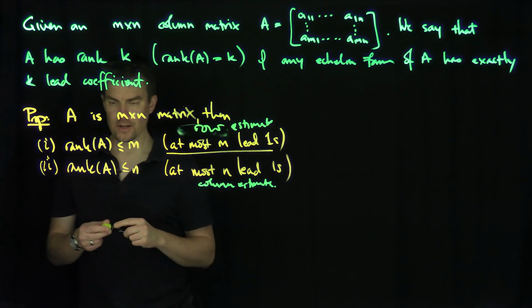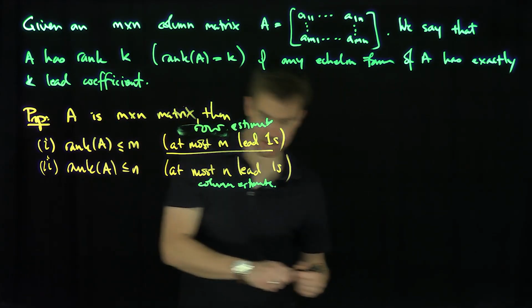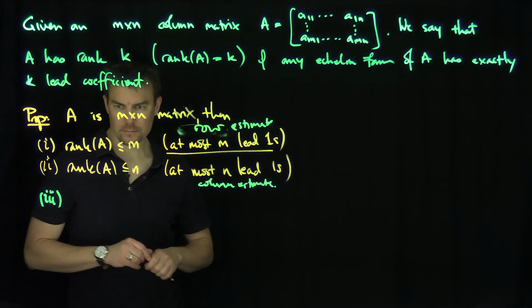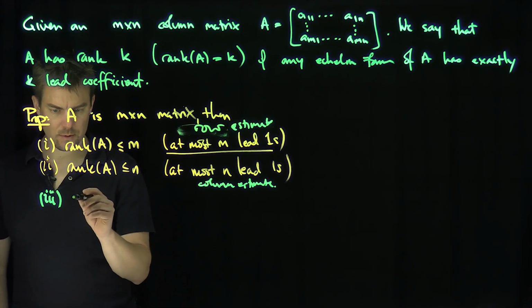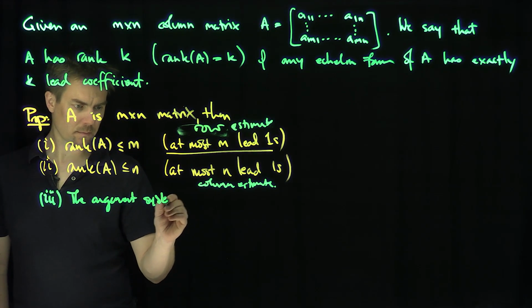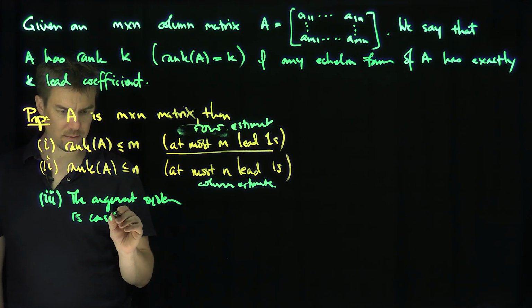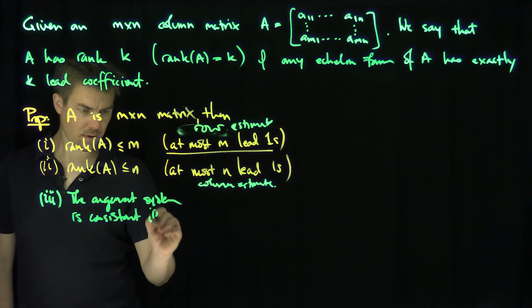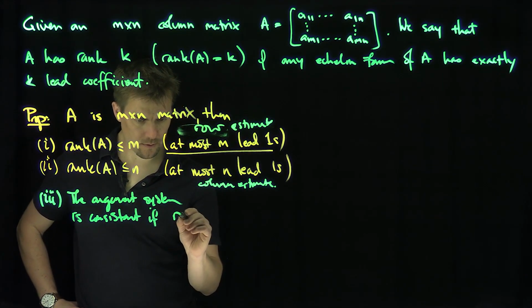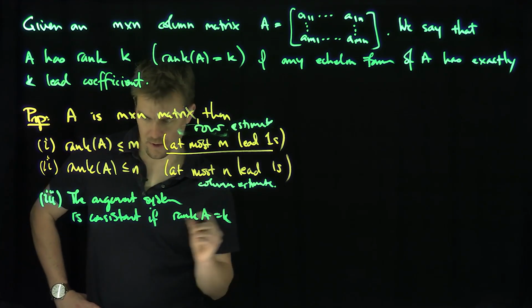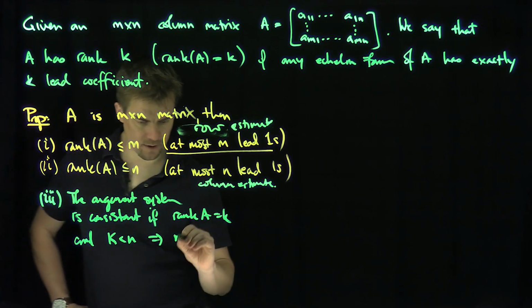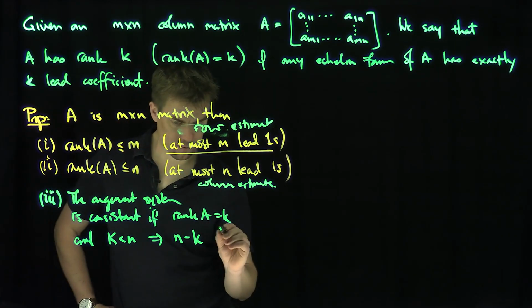Great. The next thing we have are some results about the number of solutions. Number 3: if the augmented system is consistent and K is less than n, then this implies that there are n minus K free parameters.